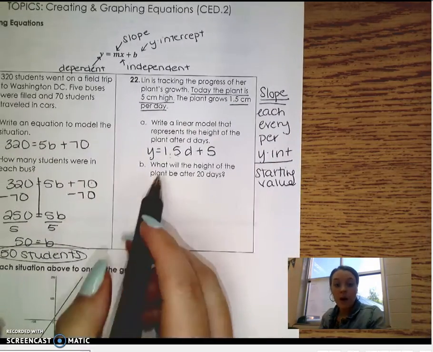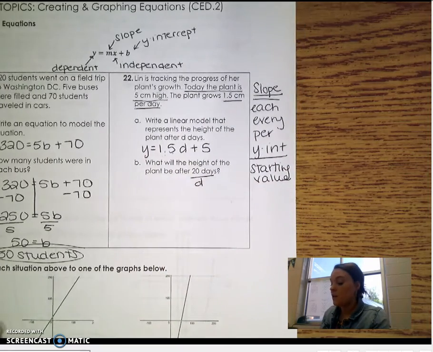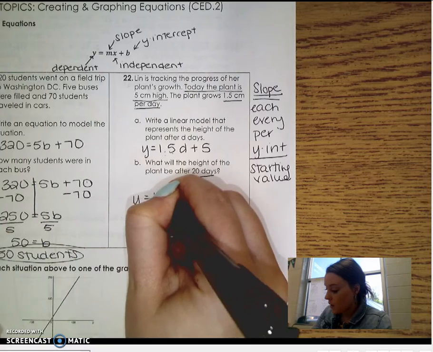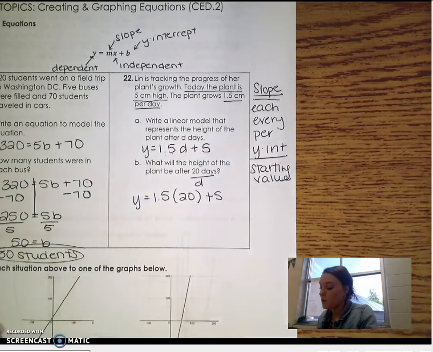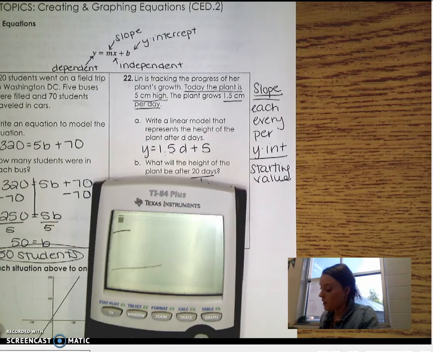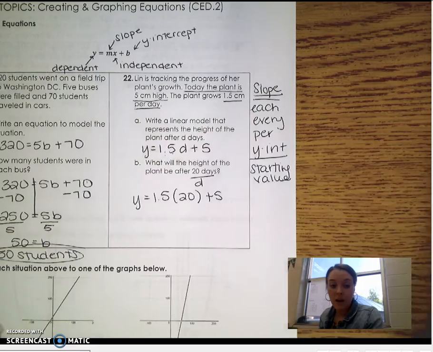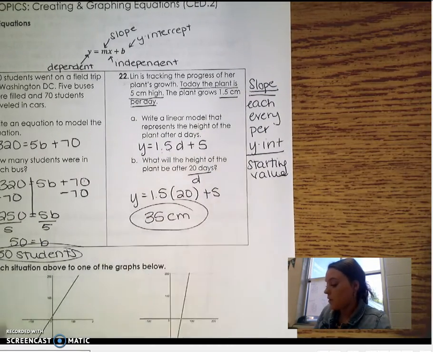Then it asks, what will the height of the plant be after 20 days? We said that d represents days, so I'm going to plug in 20 for d. So I have y equals 1.5 times 20 plus 5. If I type that into my calculator, I get 35. So after 20 days, the plant will be 35 centimeters tall.